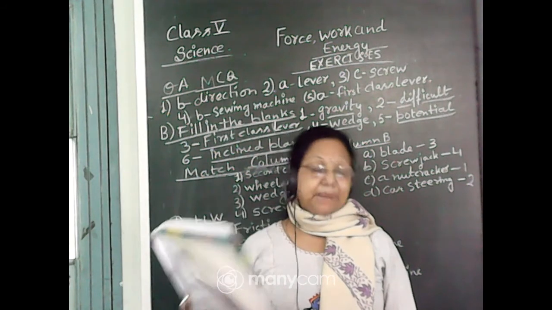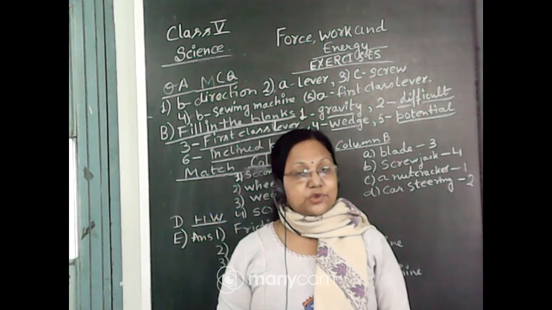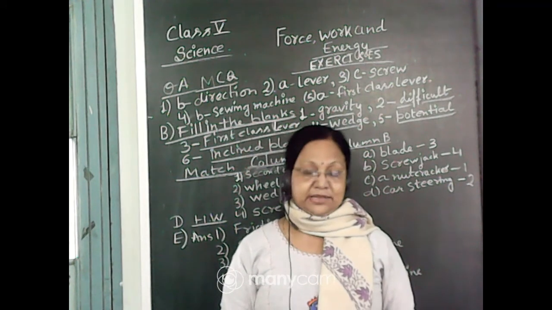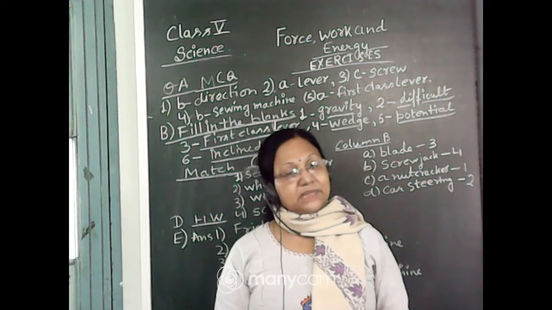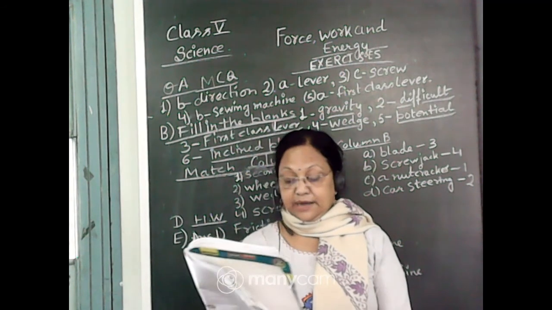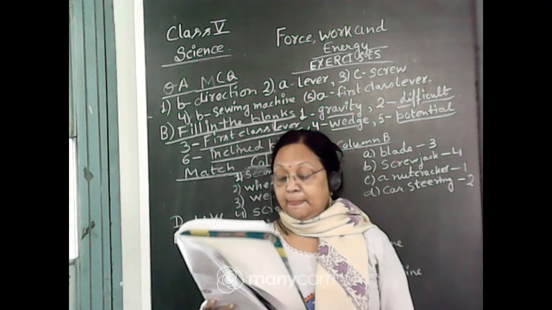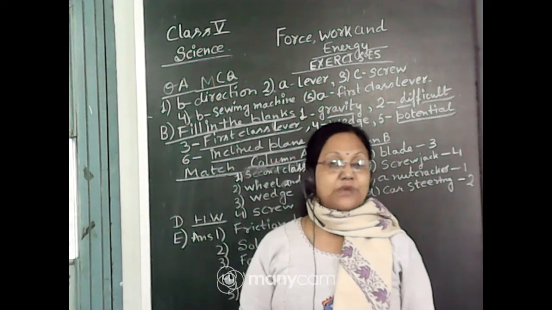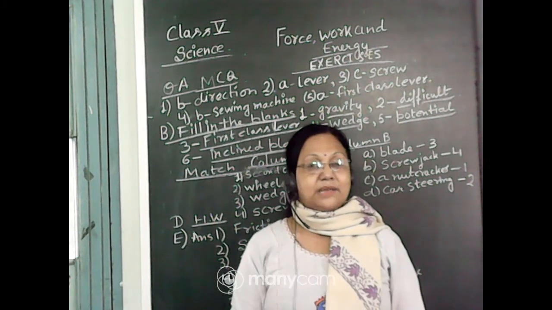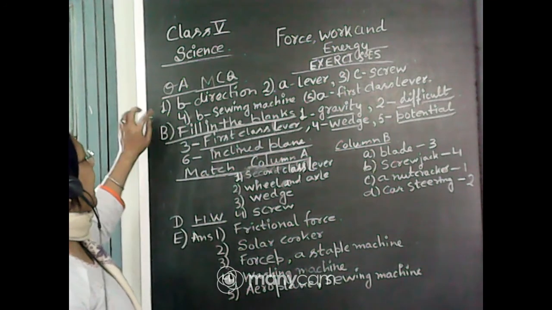Wedge will be the blade, because a wedge means two inclined planes joined together, forming the wedge. Axe and blade are examples of the wedge. Last one, the screw is always matched with the screw jack, because screwdriver and screw jack are all examples of a screw.